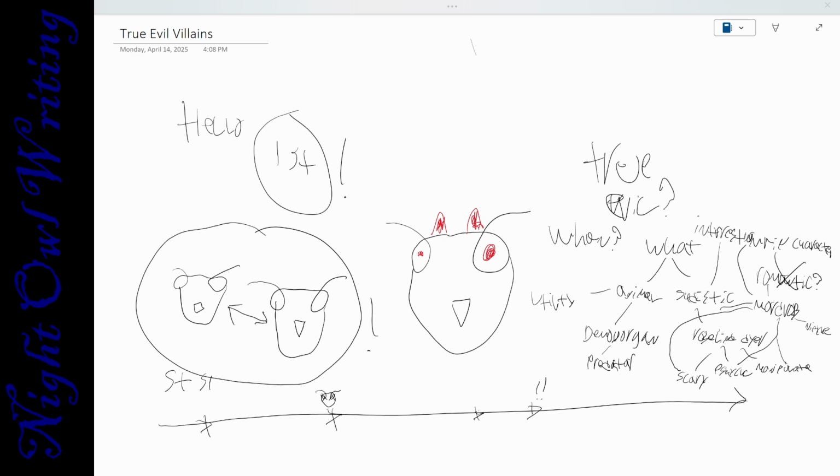Now, when should you use true evil, and when should you use a more morally gray, complicated villain? Really, it depends on what type of story you are writing.